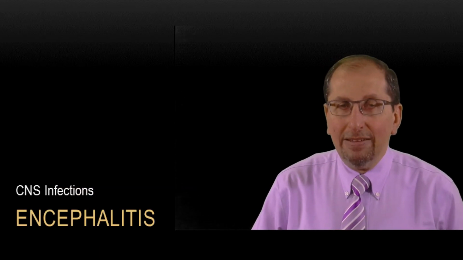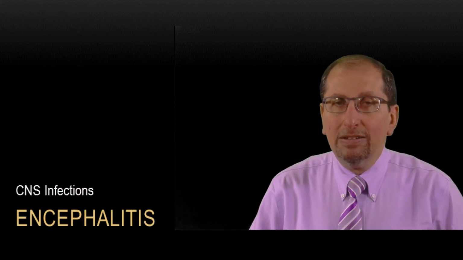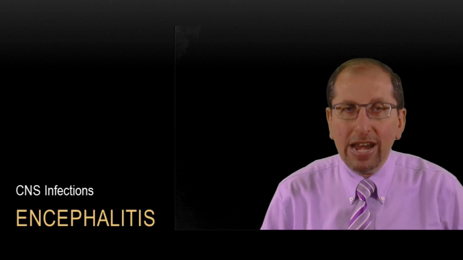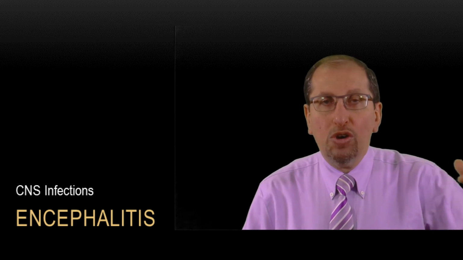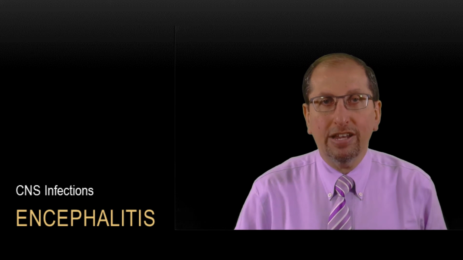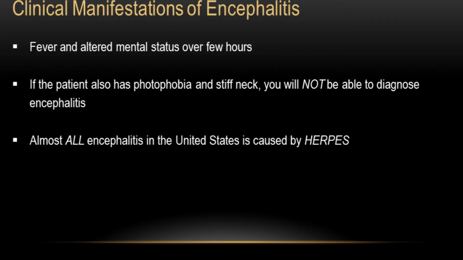Encephalitis, which is brain substance infection. Here we have infection of the brain substance itself, not only of the coverings. And usually it is viral in origin. And the manifestation is fever and altered mental status over few hours.